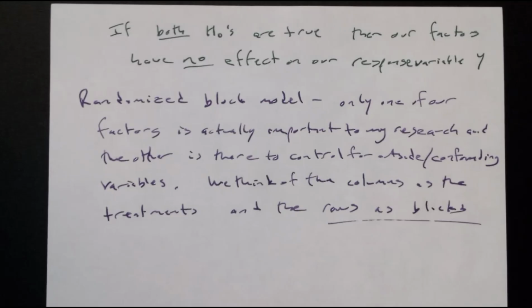The only difference is in the interpretation. Now, Alessandro, when I look at this, I really only want to know what the second factor does. I want to know what the columns do. Columns were my B's. That's really the only one I care about. I don't care all that much whether or not there's a row effect.